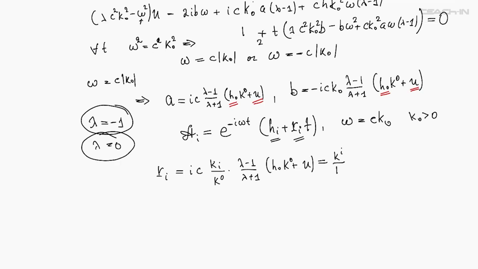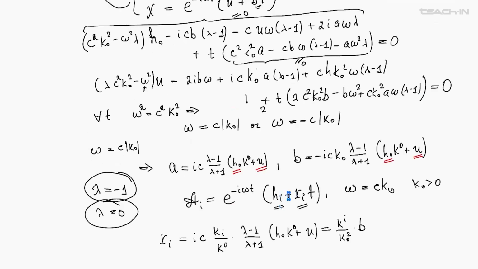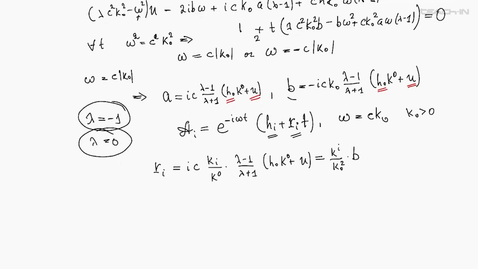If you compare this with the expression for B, here is B, you see that this is exactly k_i divided by k0 squared multiplied by coefficient B.